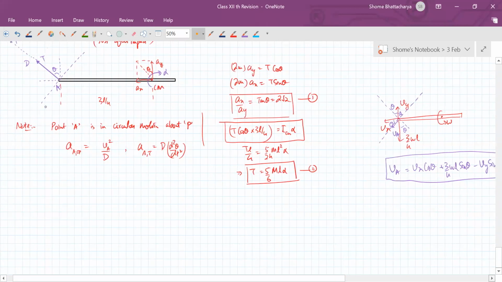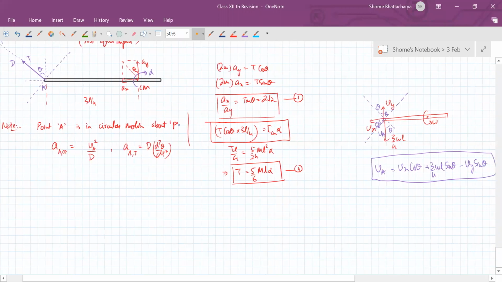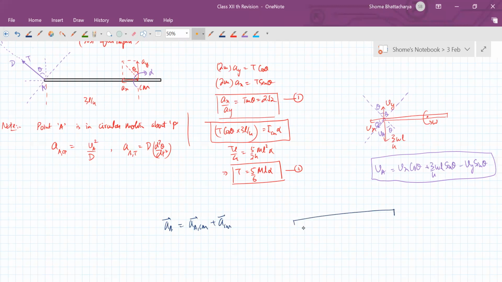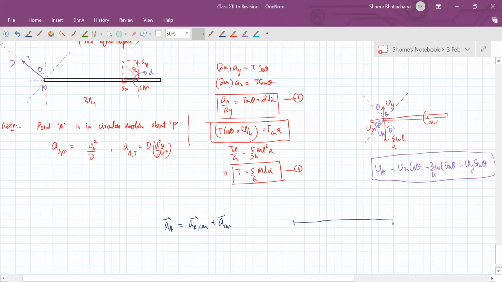So now from this, you can see that also I can write the acceleration of the point A as the acceleration of the point A with respect to the center of mass plus acceleration of the center of mass. So when you're looking in the center of mass's frame, the point A has an acceleration like this.